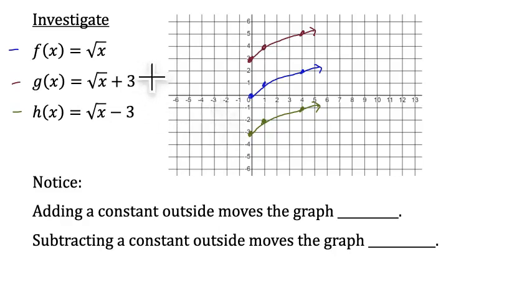We notice that adding or subtracting a constant after the square root just shifts the parent graph up or down. In fact, adding a constant outside moves the graph up, and subtracting a constant outside moves the graph down. So adding and subtracting a constant after the square root works just like our common sense would hope it works.